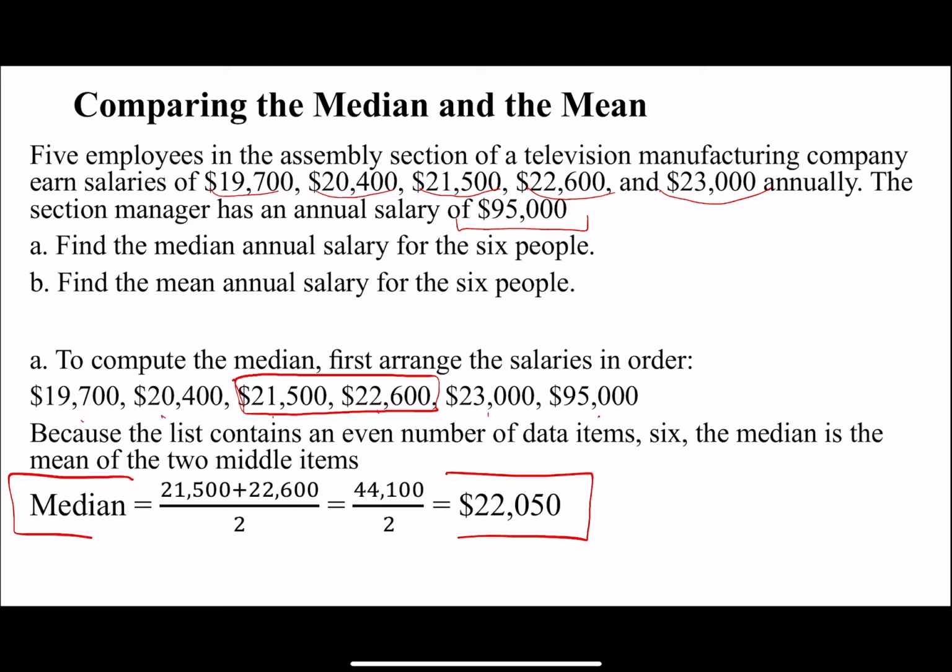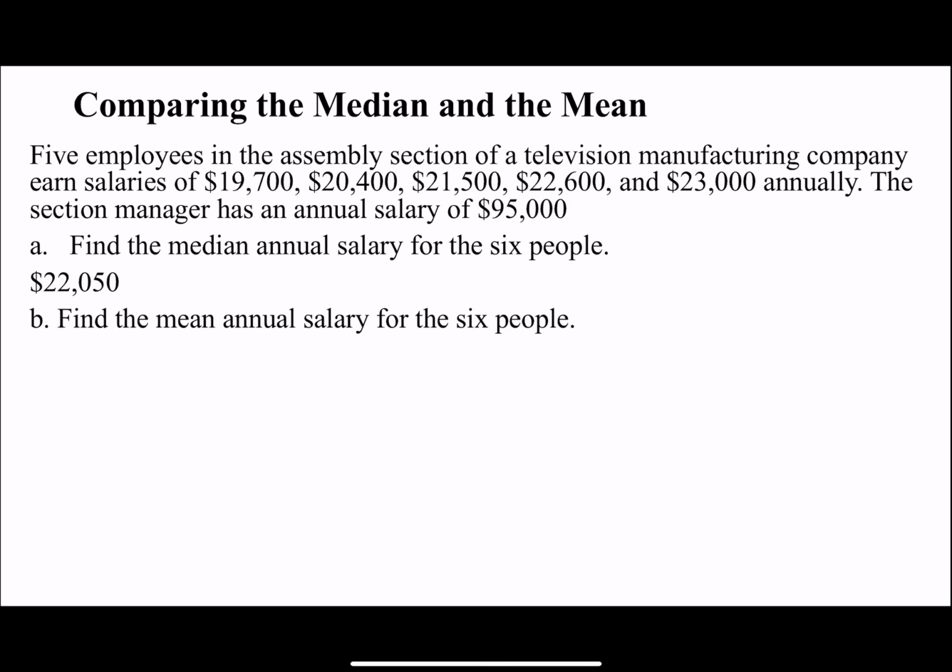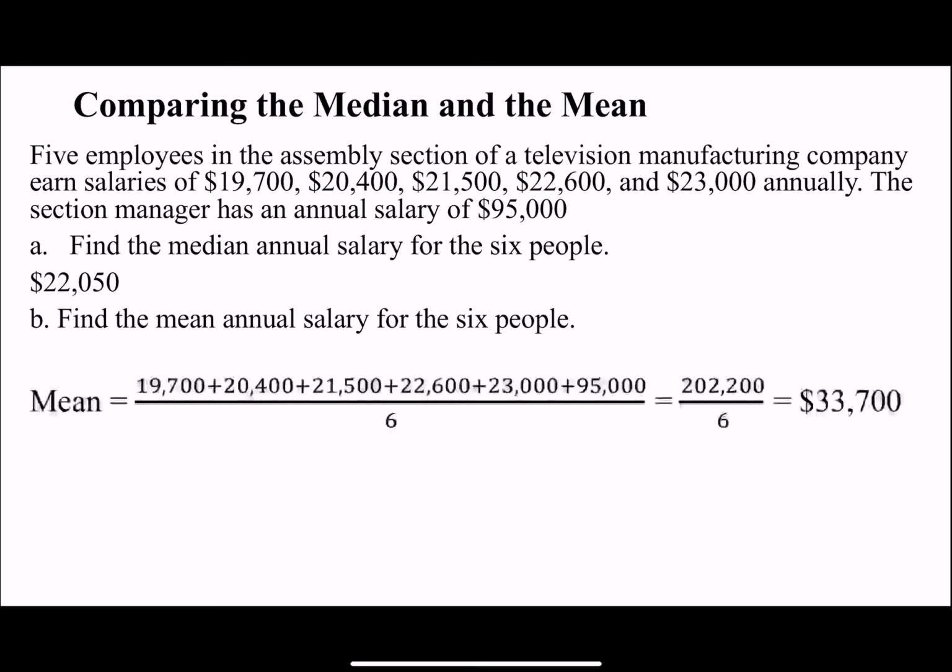For part B, we want to find the mean value, right? So I add all the salaries divided by the number of items, which is 6, and so here is what we get, 33,700. So the median value is 22,050 and the mean value is 33,700.